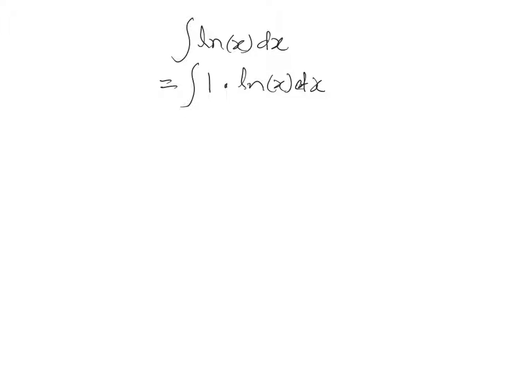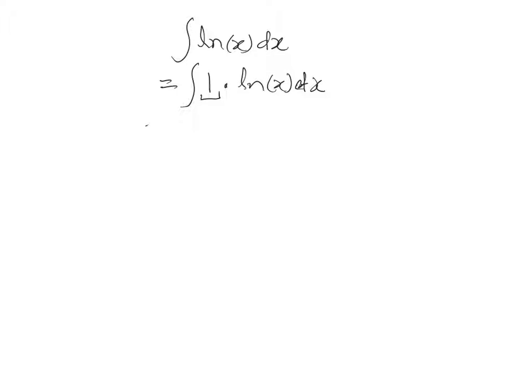Ln of x cannot be integrated. That's why we have to go through this process, and therefore we have no choice except to use 1 as the function for integration in the formula for integration by parts.